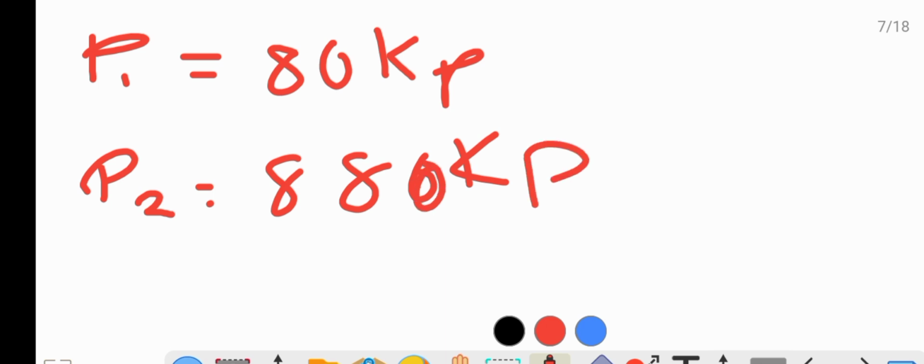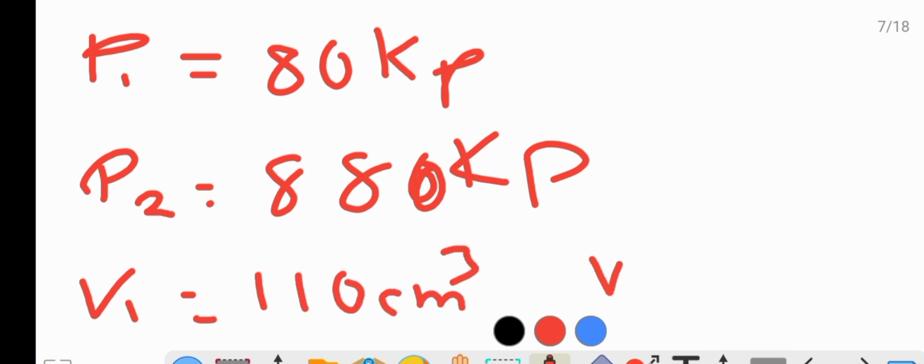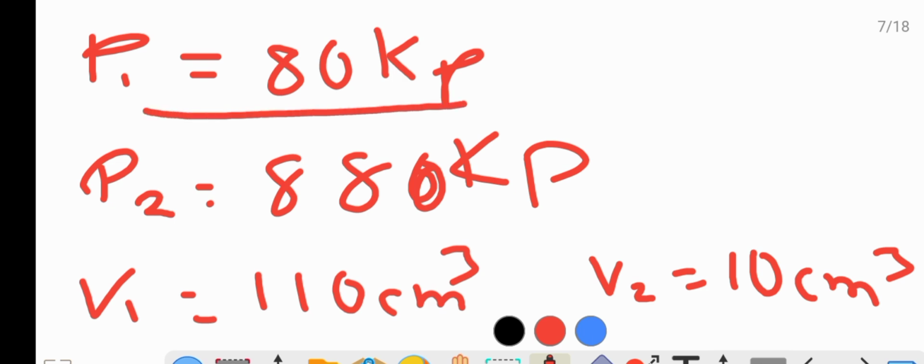Then V1 was 110 centimeter cubic, and V2 is 10 centimeter cubic. So when the pressure was 80 kilopascal, these were the volumes.